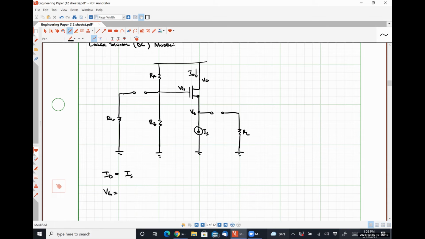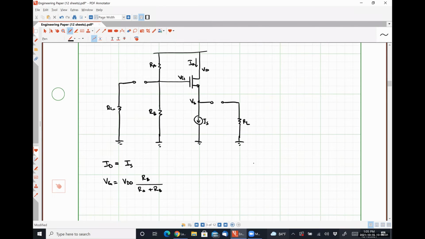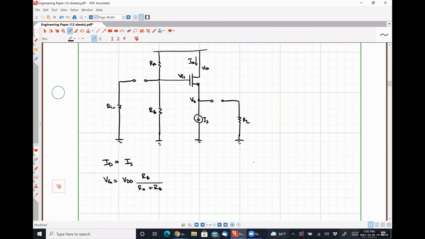So VG is going to be VDD times RB over RA plus RB. In this case, VD is just VDD.